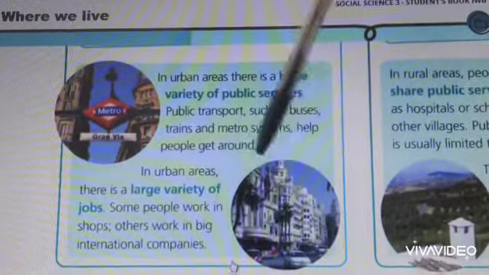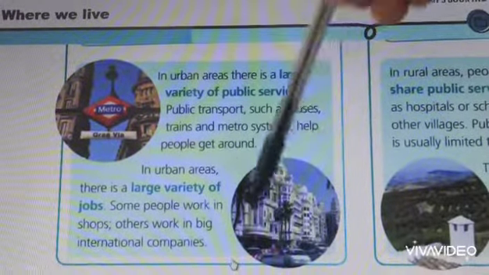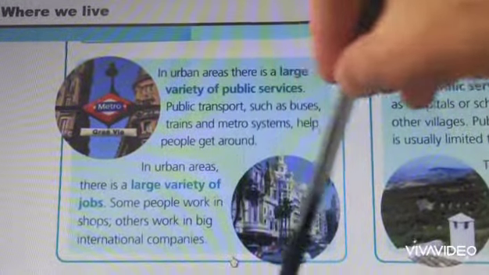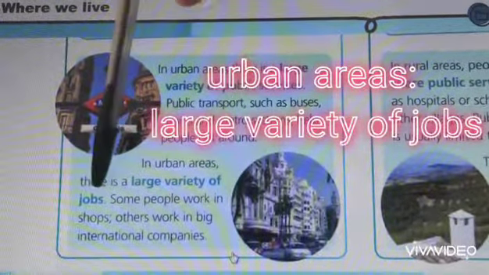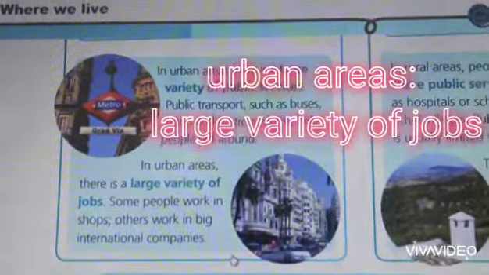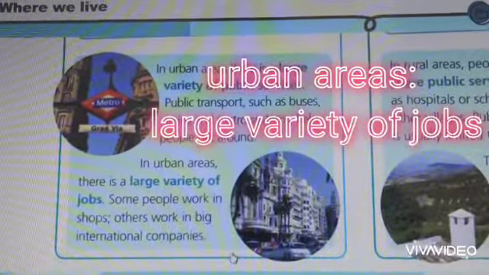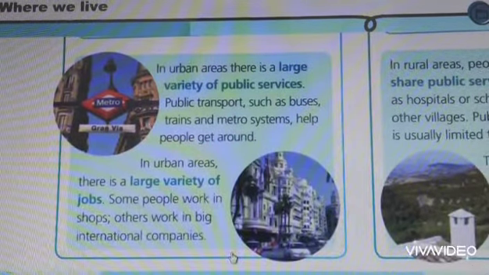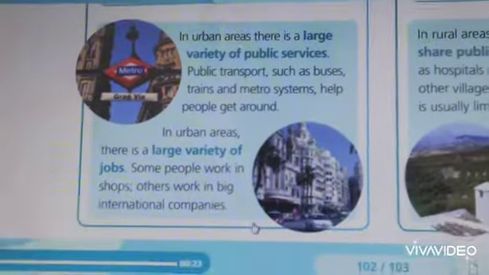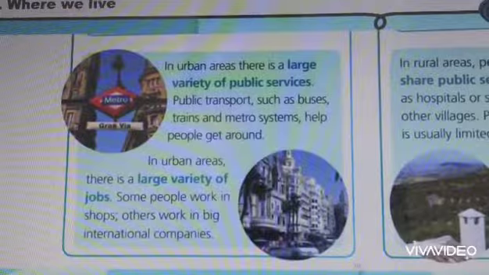And of course, there are a lot of inhabitants. There are a lot of people living in the urban areas, so there is a lot of variety of jobs. Many people are working in different things, in different companies, offices, international companies or national companies, and there are a lot of different jobs.